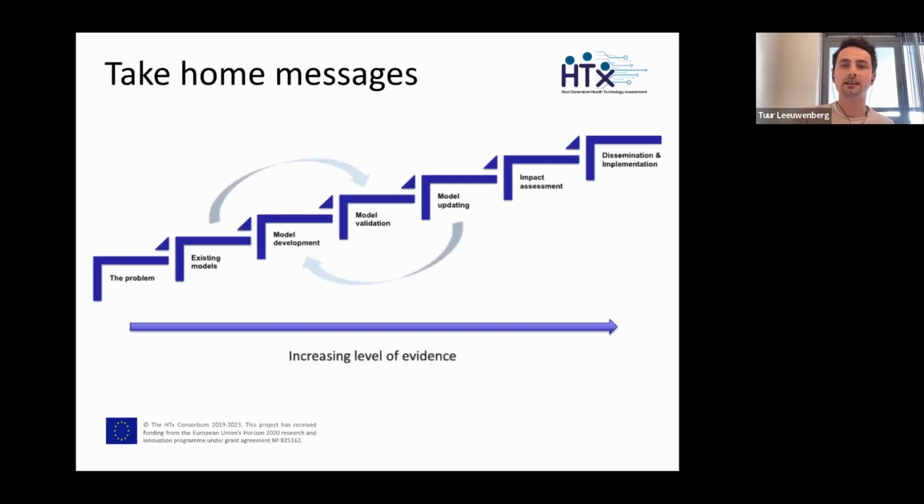So I hope that this presentation gave at least some idea about how this process from model development to use in practice goes, or can go, along all these phases.